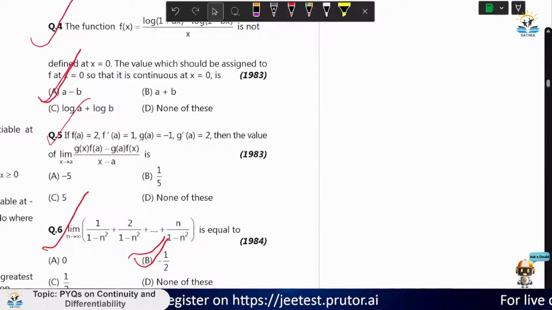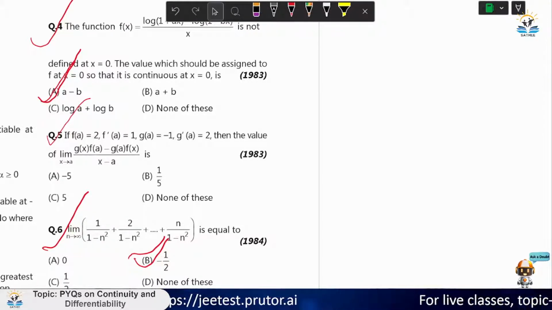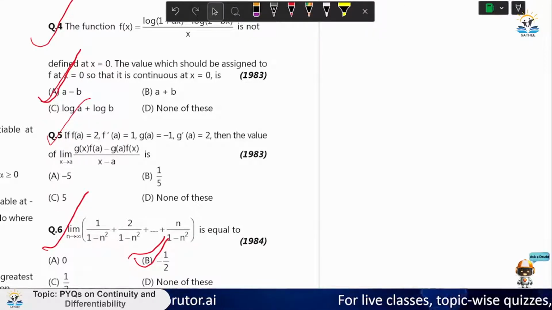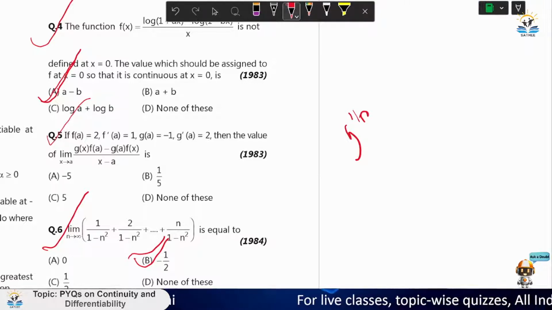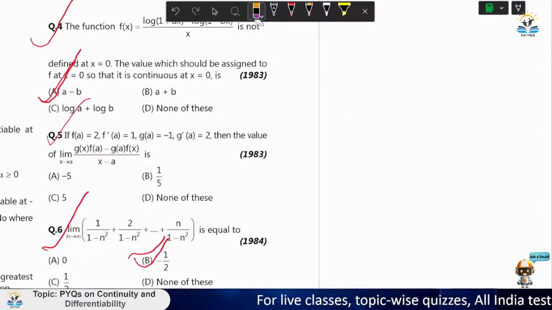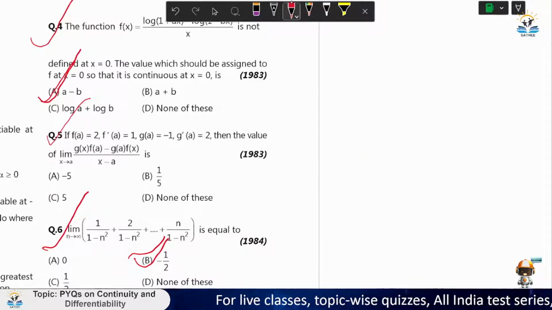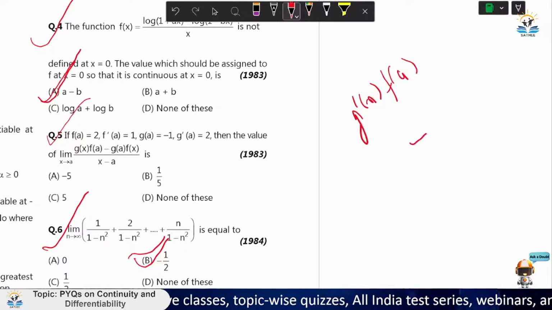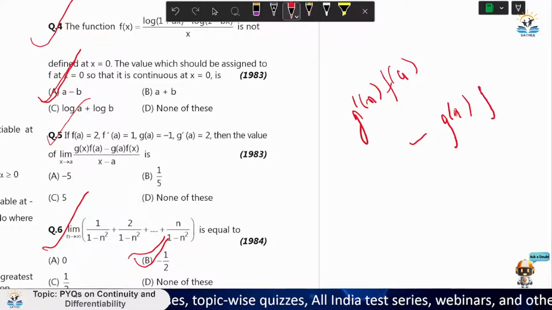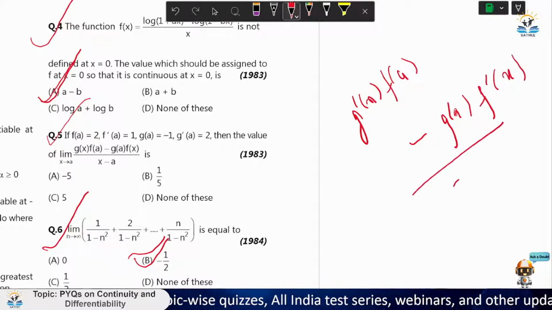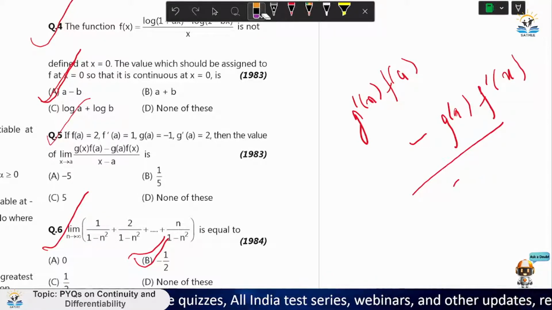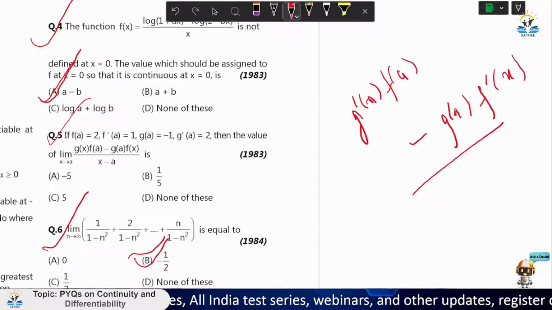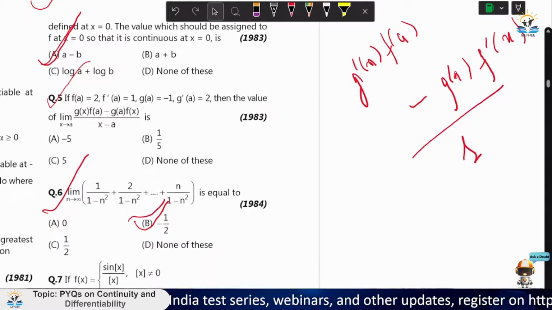One way to go about it is to apply the direct L'Hopital rule again. It would give you a very direct answer. So let's go. I'm applying the product rule: g dash of x times f of a, minus g of a times f dash of x, upon 1 is my answer.